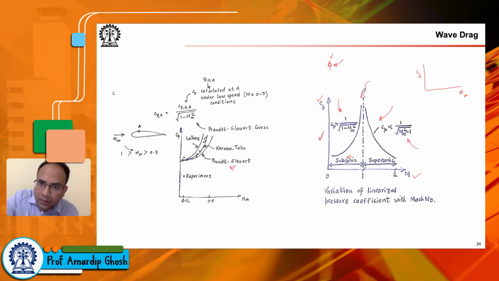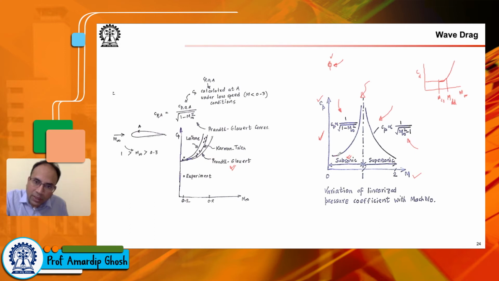So here we are looking at Cp versus Mach number, showing a large rise in Cp as you approach Mach 1. And if you remember, this image is similar to that CD versus M infinity. So we essentially said that, okay, this is M critical. Then at some point beyond M critical, we have this thing called the M drag divergence, MDD, beyond which your drag CD increases unboundedly.